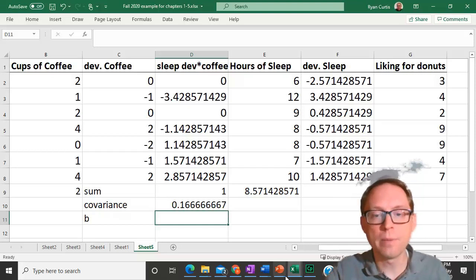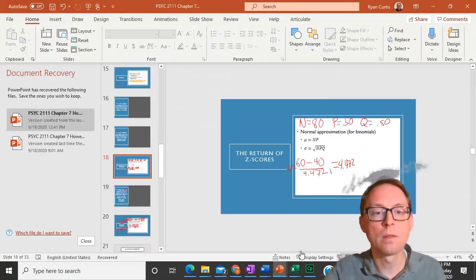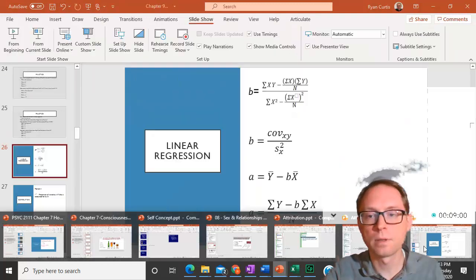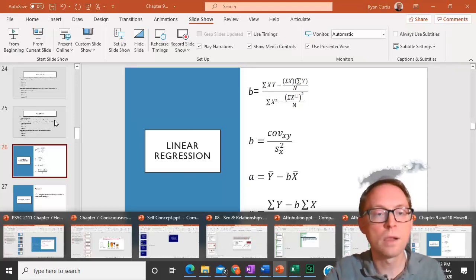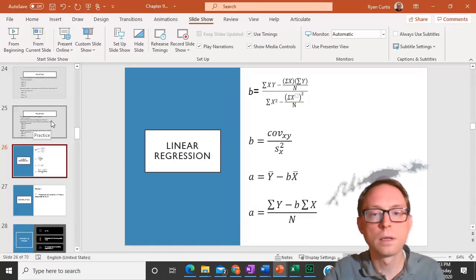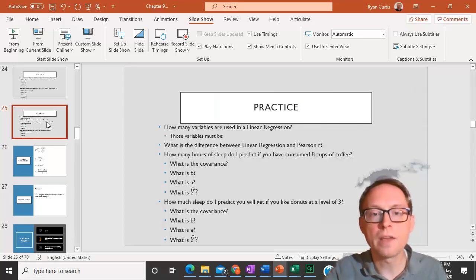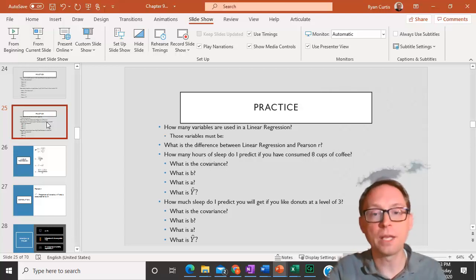In the example, I gave you, if I give you exactly 8 cups of coffee, how much sleep do I predict? So 8 is the exact amount of x. So coffee is x and sleep is y.